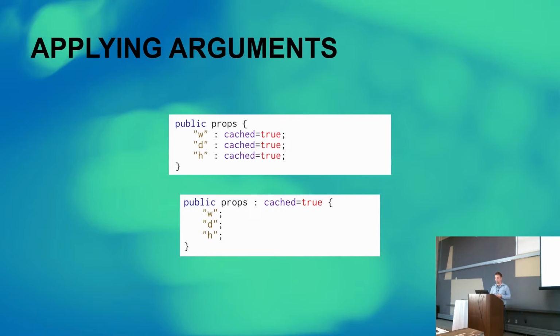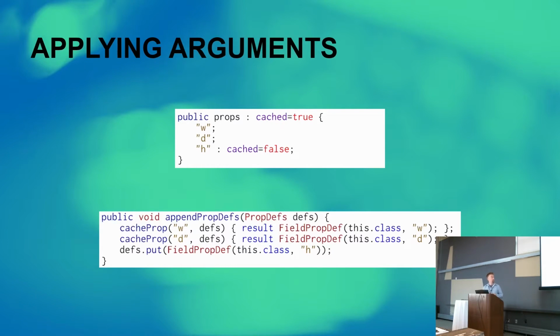Note that if you have nesting scopes, which we'll see in a couple slides how you can create further scopes, arguments are resolved from closest to the PropDef working its way out. So I can do this. So here on that particular field PropDef H, I'm saying cache equals false, which is overriding that cache equals true because it's closer to the PropDef.